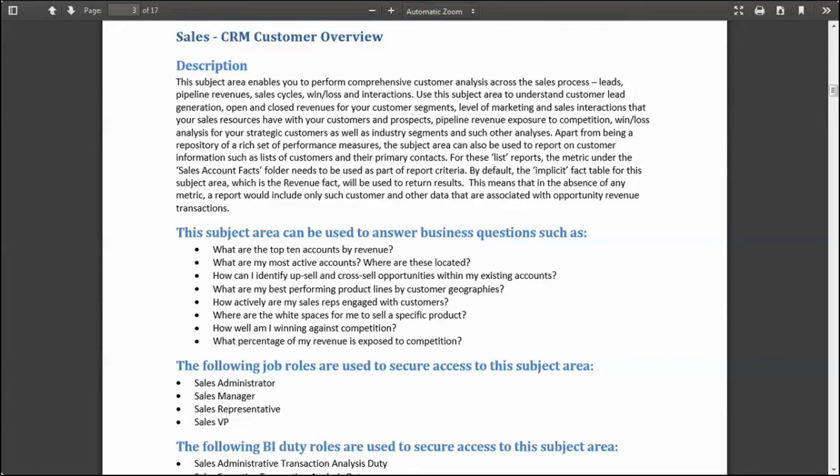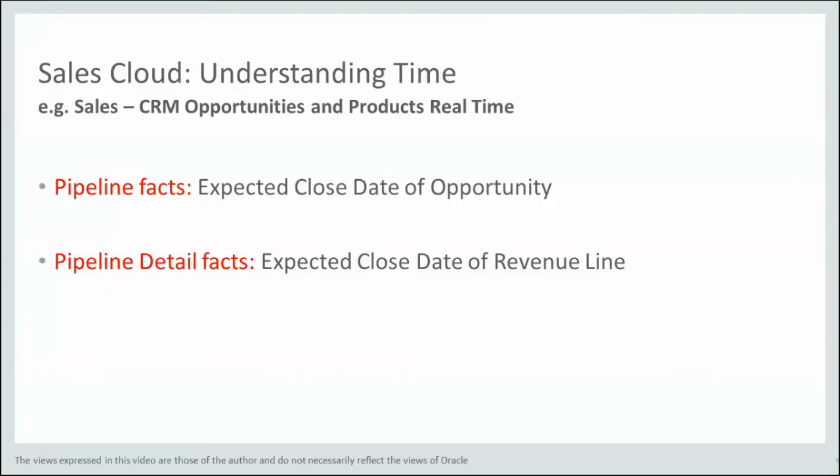But also detailed information about the dimensions and facts. For instance, a detailed explanation on how the time dimension works is available. This can help us with understanding how this year should be interpreted. When using pipeline facts like we did, time relates to the expected close date of the opportunity. If we would have used pipeline detail facts, time would have related to the expected close date of the revenue line.